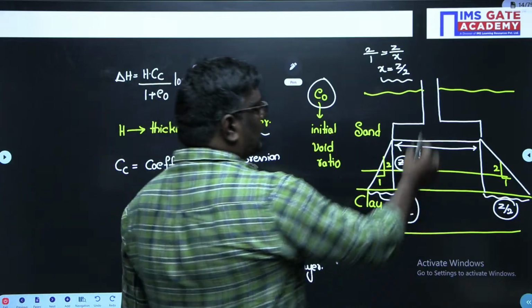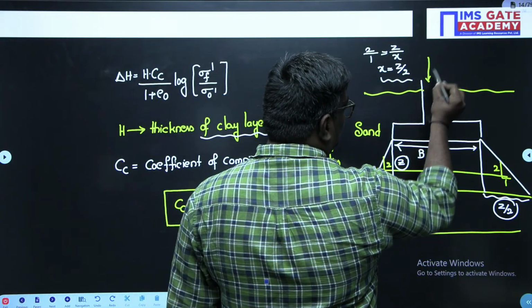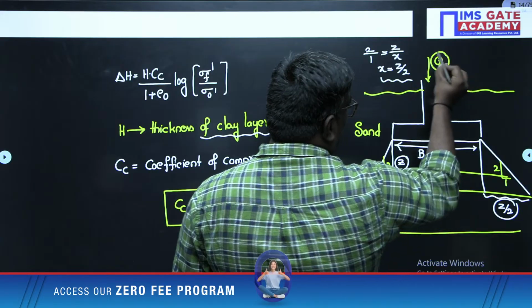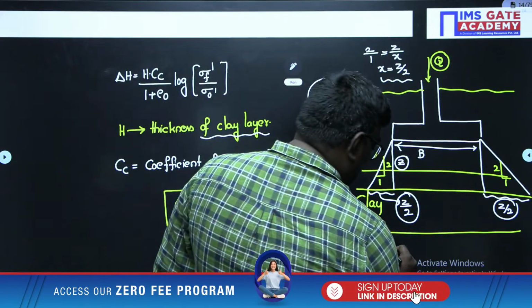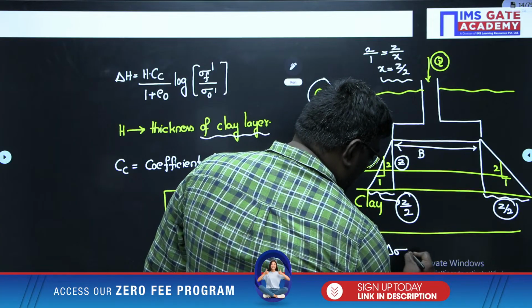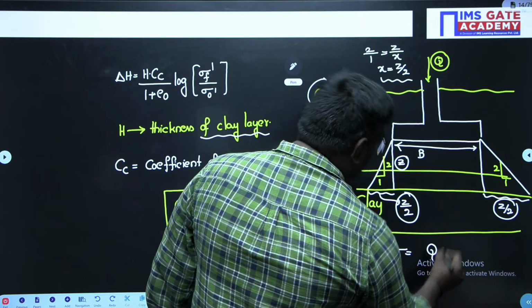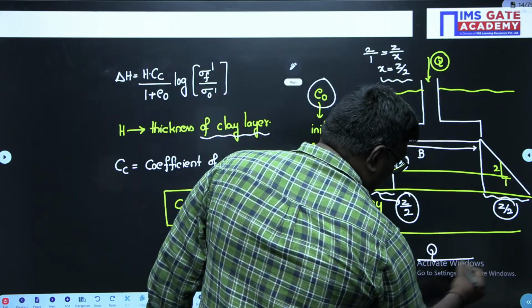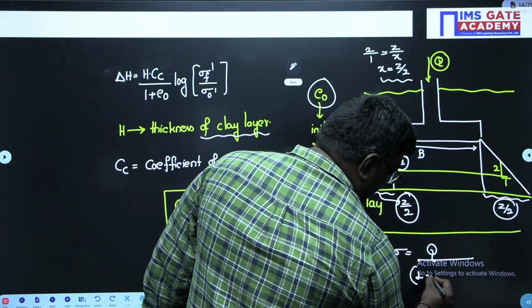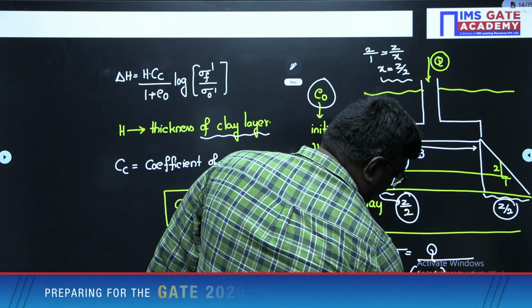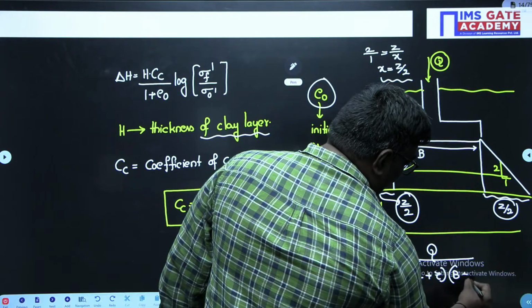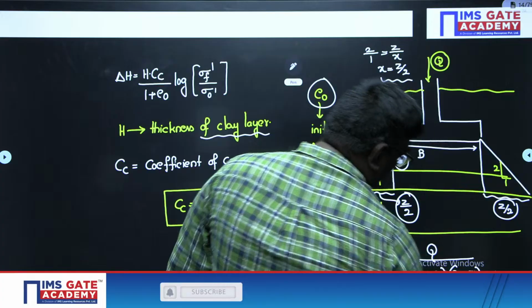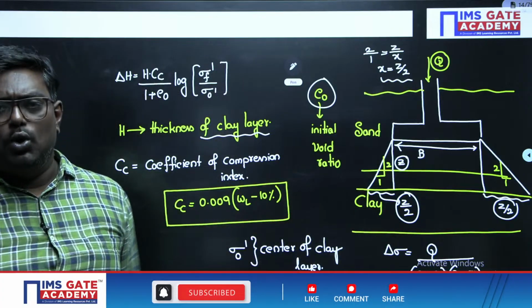Here the load is Q. Now what is delta sigma here? Stress is nothing but load upon area. If it is a rectangle, you can write Q upon (L plus Z) into (B plus Z). If it is a square, you can write Q upon (B plus Z) whole square.